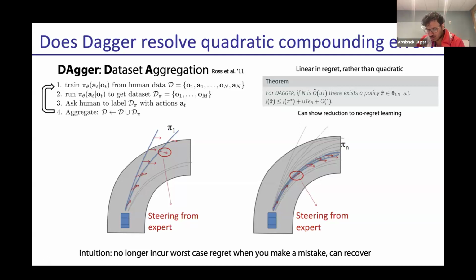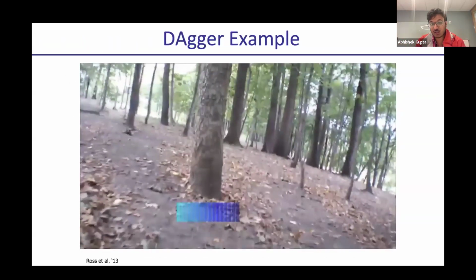There's this really nice paper from CMU, Ross et al. in 2011, which argues that DAgger is an online learning no-regret algorithm. So it shows that essentially this will converge at a linear rate. And so that's good. Data set aggregation works in practice, right?